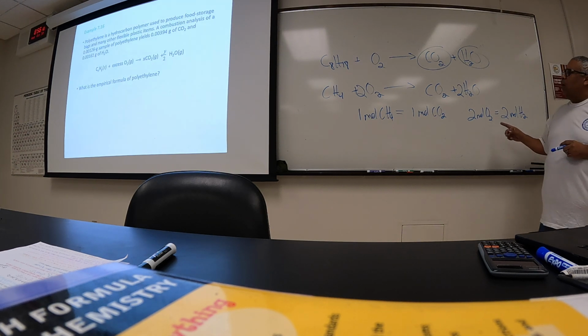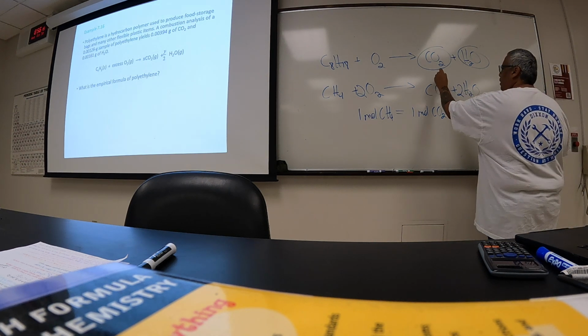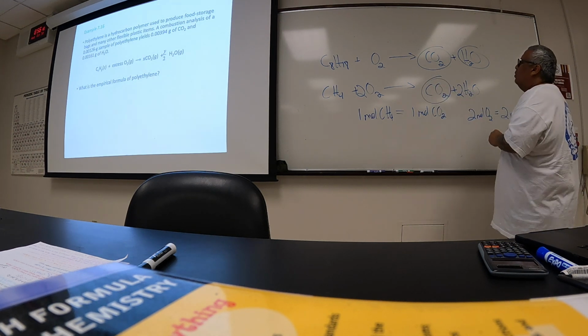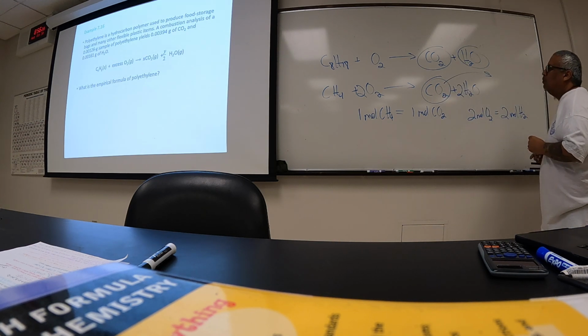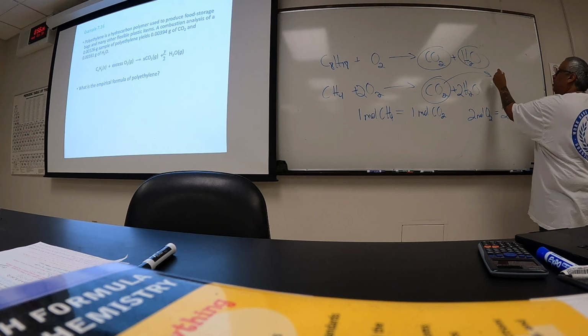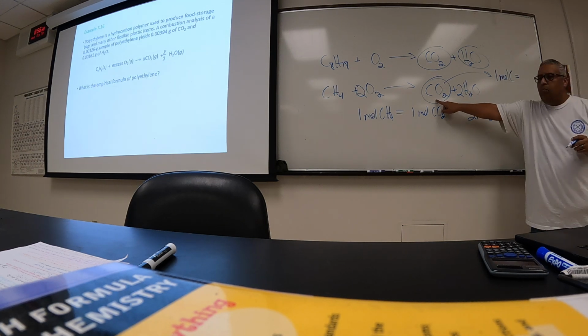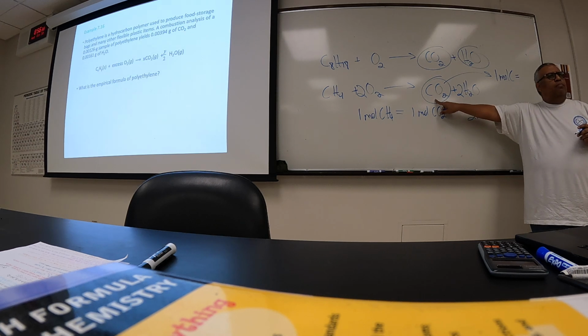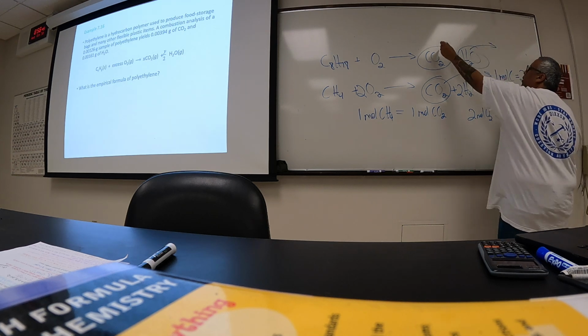Well, we can go a step further here. If we take a look at CO2, if I have 1 mole of carbon, how many moles of oxygen do I have? 2. I have 2 moles of oxygen.